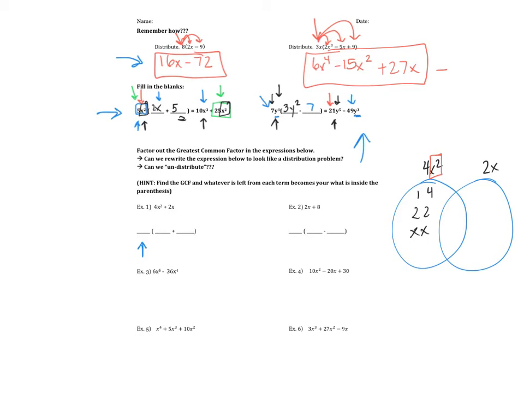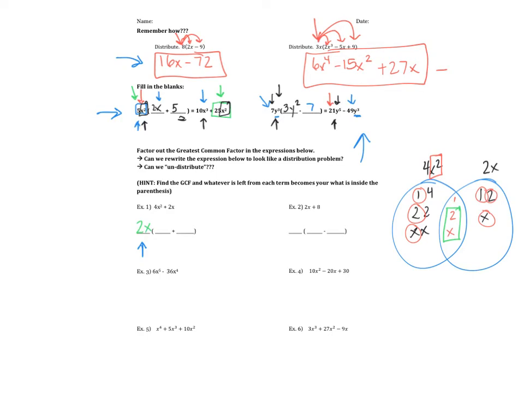Then on this side we have 2x, and we only know that 1 and 2, and we only have 1x. I'm going to circle, circle, circle, circle, circle, circle. We both have 1, they both have 2, and they both have an x. Okay? Now, what's left is 2x. Okay? So that can go here.